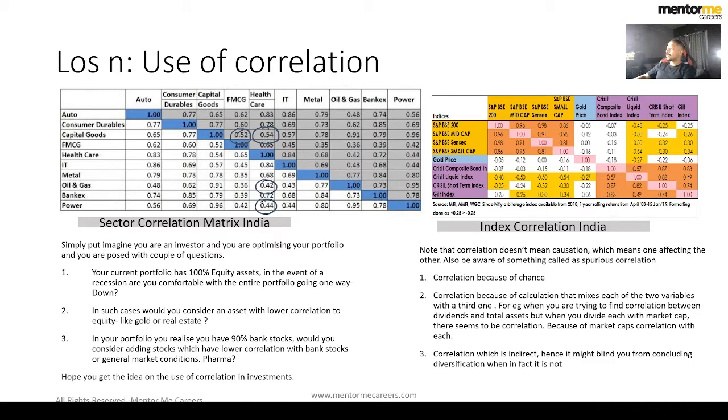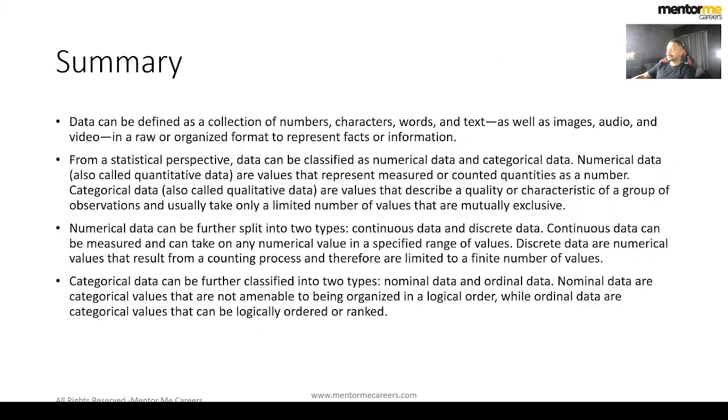Similarly, you can see indices and their respective correlation, but again, not much used. Mostly you use asset class correlation, one asset class with another, so gold versus Nifty you might be interested in, or you might look at sector correlation.